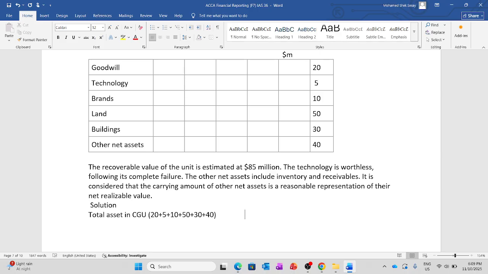A total asset of 155, which is clear, right? And then the recoverable amount is given in the question, which is 85 million. So it means the impairment is the difference between these two, which is 70 million.